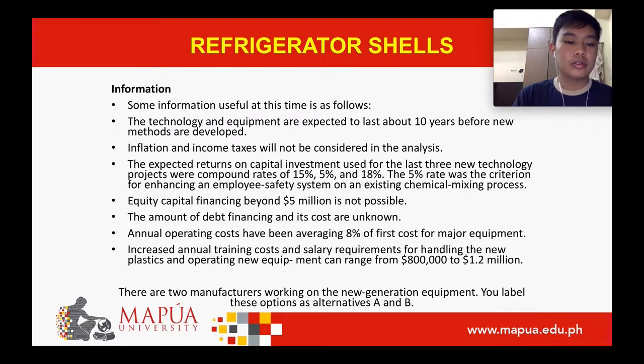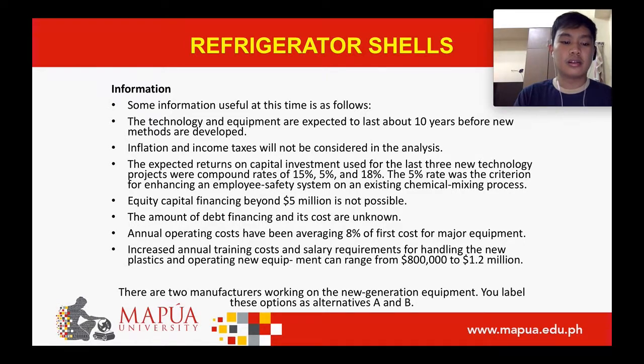The expected returns on capital investments used for the last three new technology projects were compound rates of 15%, 5%, and 18%. The 5% rate was a criterion for enhancing an employee safety system on an existing chemical mixing process. Equity capital financing beyond 5 million is not possible. The amount of debt financing and its costs are unknown.